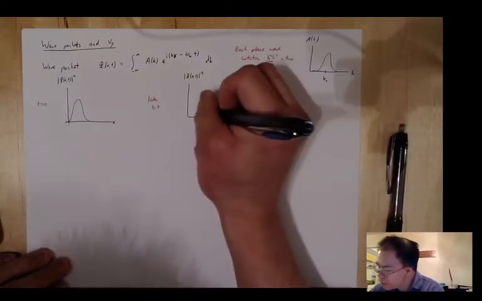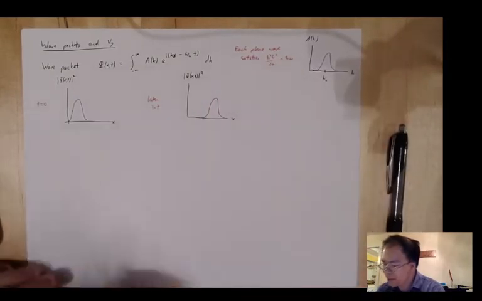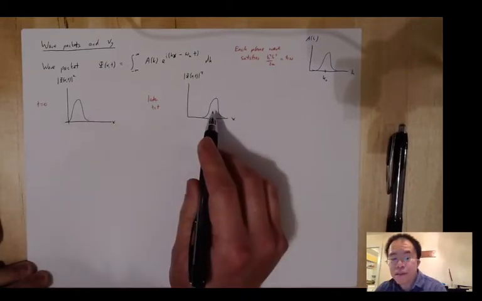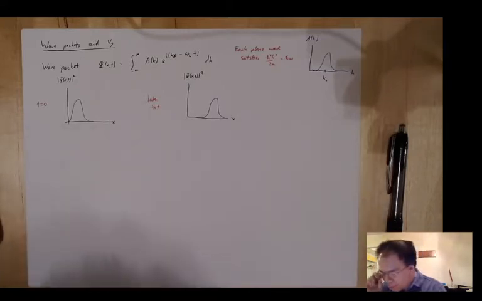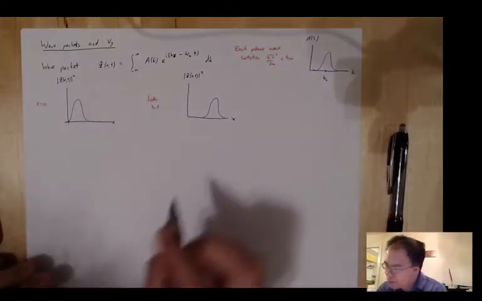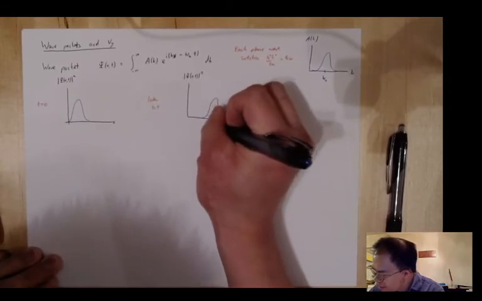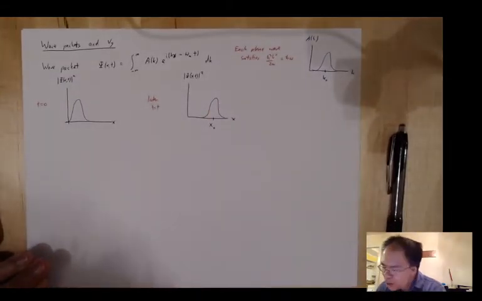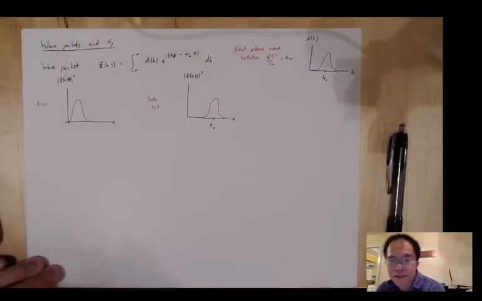So we now get a shape that looks something like this. If this wave packet really is moving to the right at v equals v group, let me just pick a particular point here. Let's assume that this peak of the wave packet is at x equals x naught.